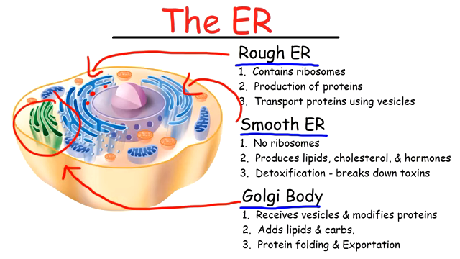And the way it does so is by adding lipids and carbs to the proteins, and it can also fold the protein. It can give it the proper shape because the function of a protein is dependent on its shape. So once it modifies and processes the proteins, it exports the proteins out of the cell.